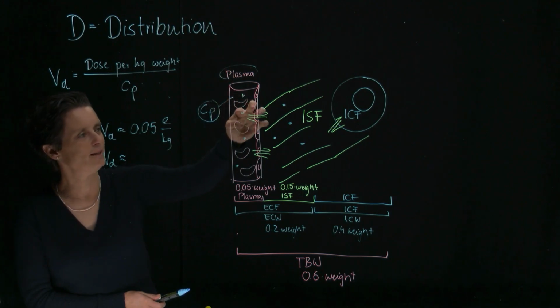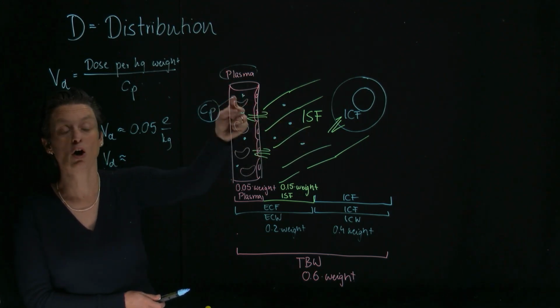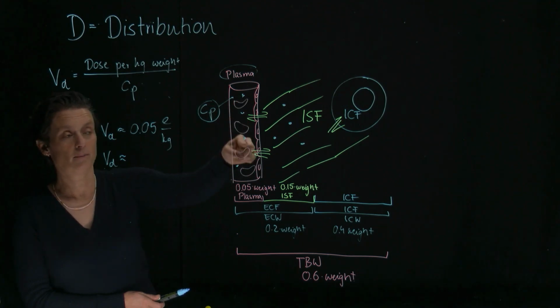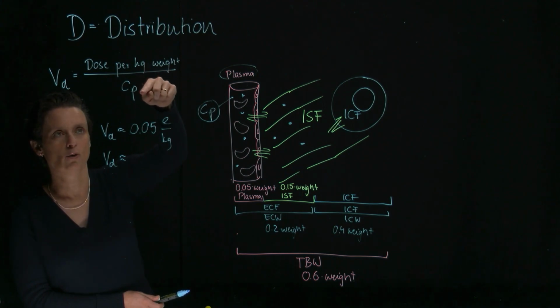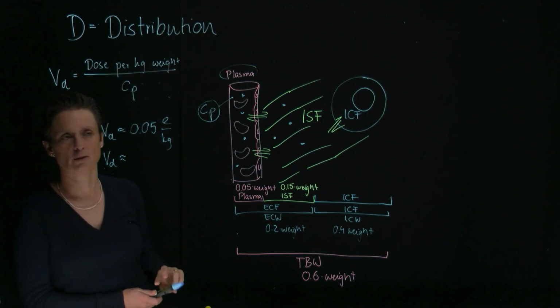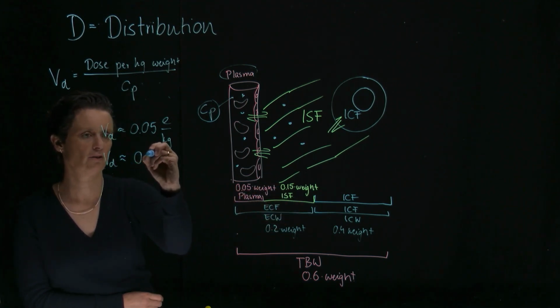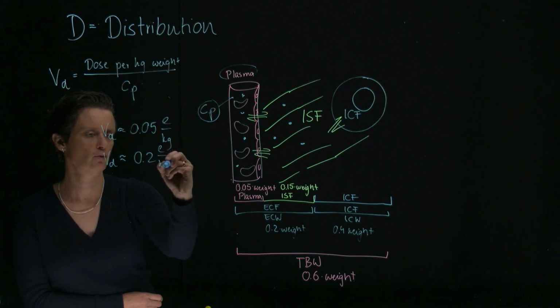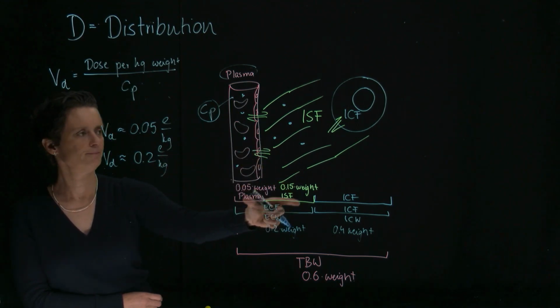If it distributes also in the interstitial fluid, it's going to be lower in the plasma because it's always in equilibrium. So this is going to be lower, and therefore the volume of distribution goes up. And here we would expect a volume of distribution around 0.2 liters per kilogram, because now we made it into the extracellular fluid.